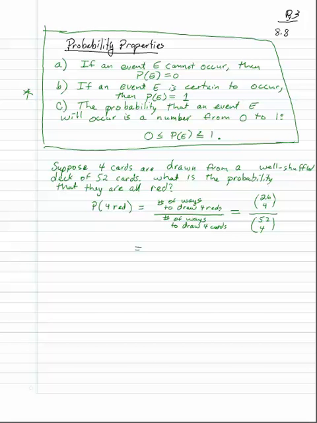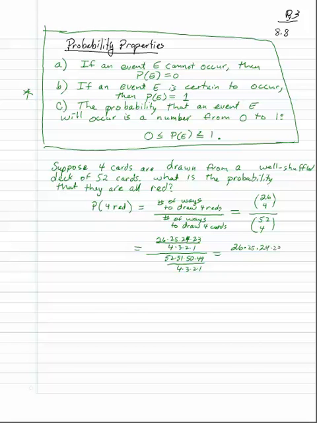We'll just put this in our calculator here. 26 times 25 times 24 times 23 over 4 times 3 times 2 times 1, divided by 52 times 51 times 50 times 49 over 4 times 3 times 2 times 1. If I flip it over, the 4, 3, 2, 1s cancel.